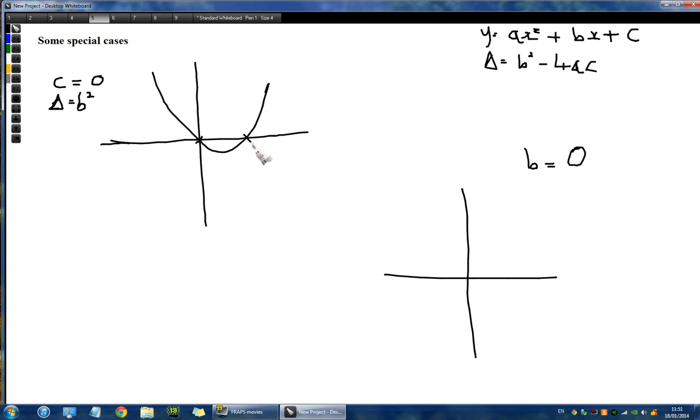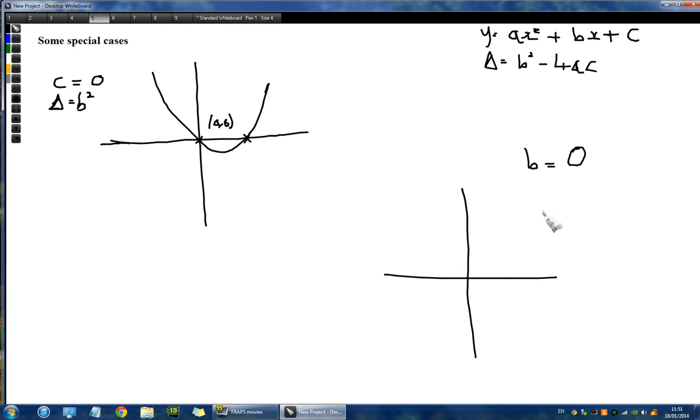Here's your other root. We don't know what this is necessarily. We can work it out, but we'll do that next time. So 2 real distinct roots, one at the point 0, 0. Obviously, if a is negative, then it will look like that, but that's just a special case.